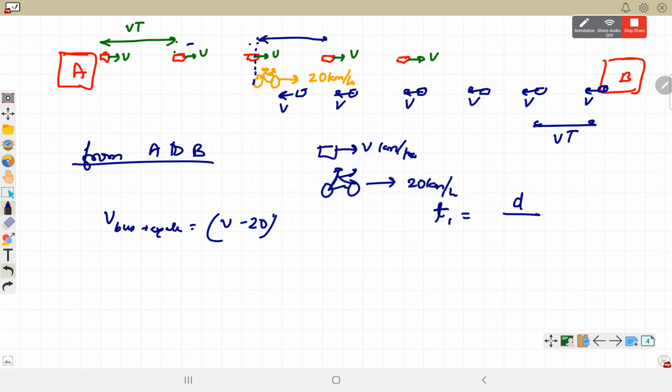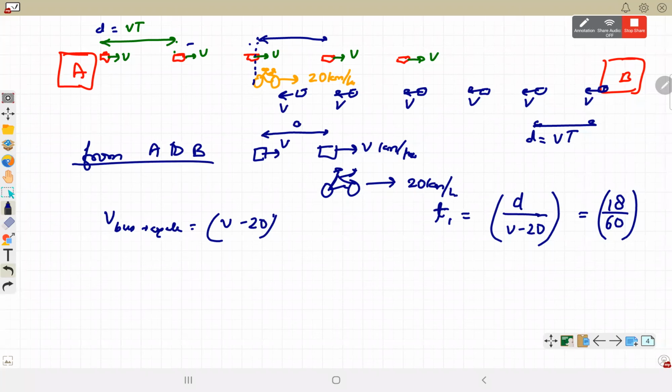If we take that distance as D equal to VT, the time taken will be D divided by V minus 20, and in the question it is given as 18 minutes. So we will change it into hours because the speed was given in hours. From the direction of A to B, every bus is moving in the same direction, so the relative velocity of the bus is V minus 20 with respect to the cyclist.